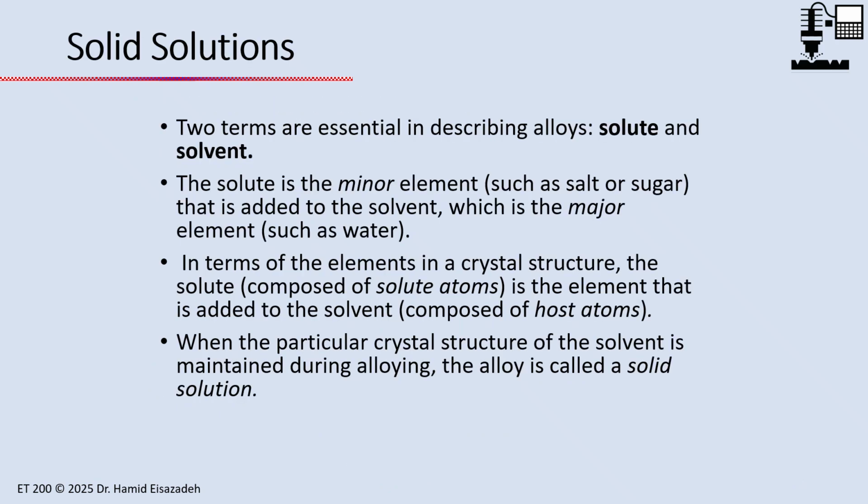So here are some of the important terms in the solid solution. In a solid solution, similar to a liquid solution, we have solute and solvent. The solute is the minor element, such as salt or sugar, that is added to the solvent, and the solvent is the major element, such as water.